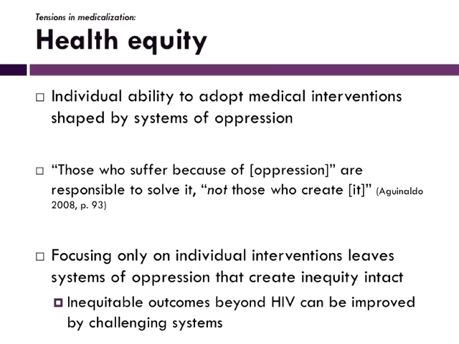And again, to refer to that Aguinaldo article, which I just love, he talks about how those who suffer because of oppression are made responsible to solve it, rather than the people who are creating that. He talked about that very much in the context of internalized homophobia, but I really think it applies to a lot of these other interventions that I've talked about as well.